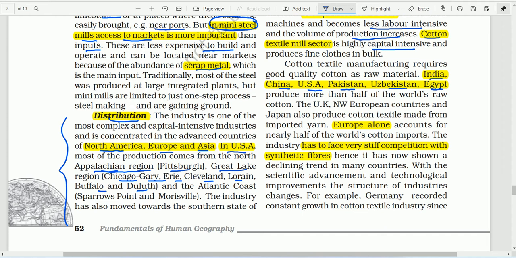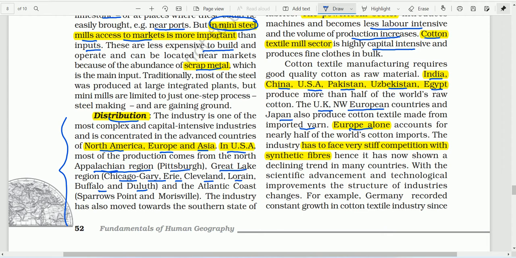That means these are the important producers of raw cotton. The United Kingdom, Northwestern European countries, and Japan also produce cotton textile made from imported yarn. These countries are not producing raw cotton, but they are importing cotton from other countries like India. So Europe alone accounts for nearly half of the world cotton imports.